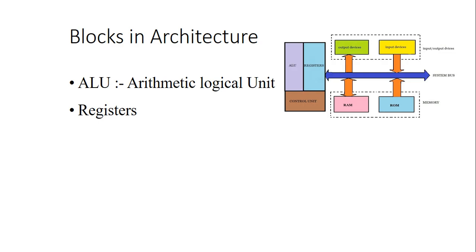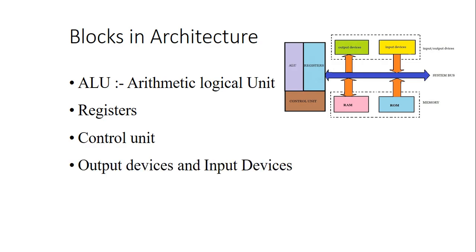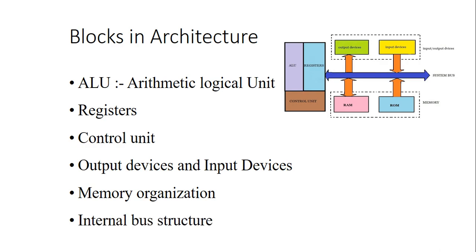Registers are used for storing purposes. The control unit controls all internal signals. Then output devices, input devices, and memory organization, which comes with ROM and RAM. Then the internal bus structure, which carries the data.